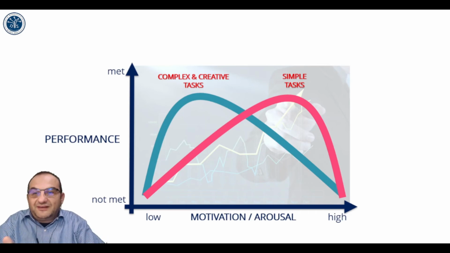But on average, when we think that we have both complex and simple tasks in our project, the resulting shape is an inverted U shape. And for complex tasks, narrowed attention can be a liability, isn't it? So that's why these two shapes look different.